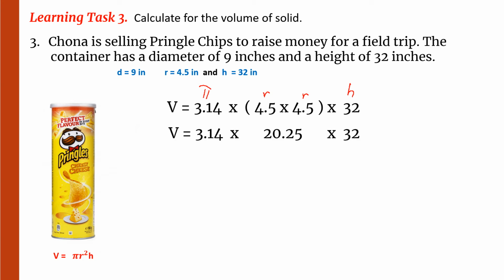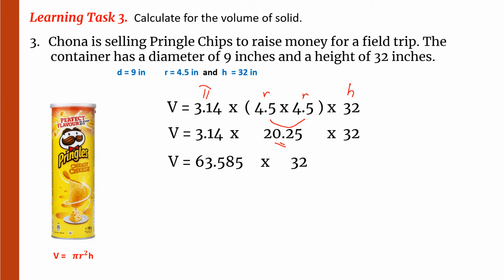Let us continue. 3.14 copy, and then the product of 4.5 and 4.5 is 20.25. So kapag minultiply itong 4.5 by itself, ang sagot ay 20.25. And then copy times 32. Next, we have V equals 63.585 times 32.